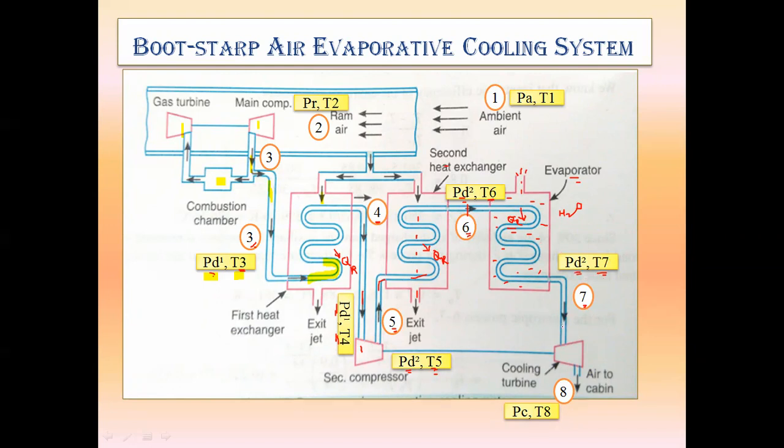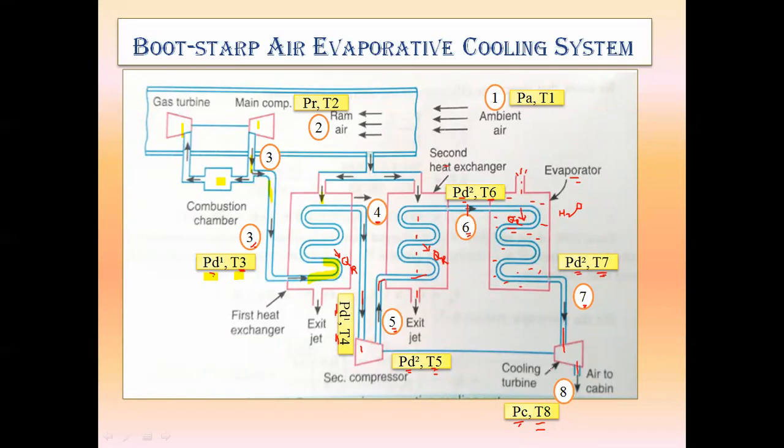Now the outlet of the evaporator will be supplied to the cooling turbine, where the pressure of the air will be reduced from the delivery pressure to the cabin pressure. Because of this expansion process, as the pressure decreases, the temperature of the air will also decrease from T7 to T8. So at the outlet of the cooling turbine we have point number 8.